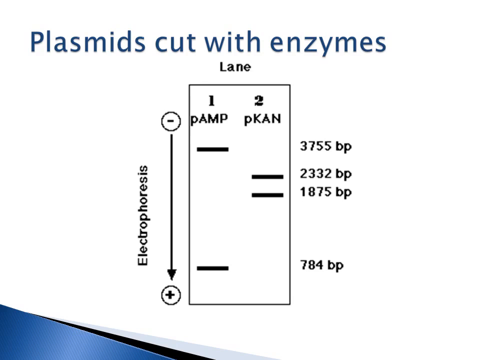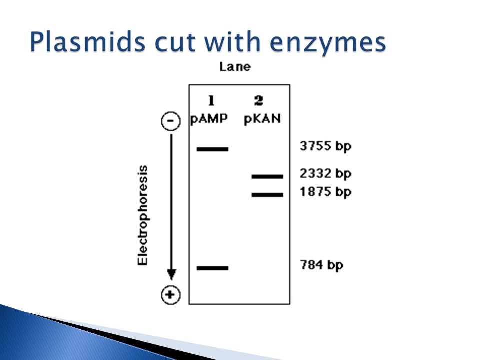So if you cut your ampicillin resistance plasmid with your enzymes, you would get that 784 base pair piece, because that's what's popped out when you cut it with the two enzymes, and you're also going to get the band that corresponds to the remaining plasmid.